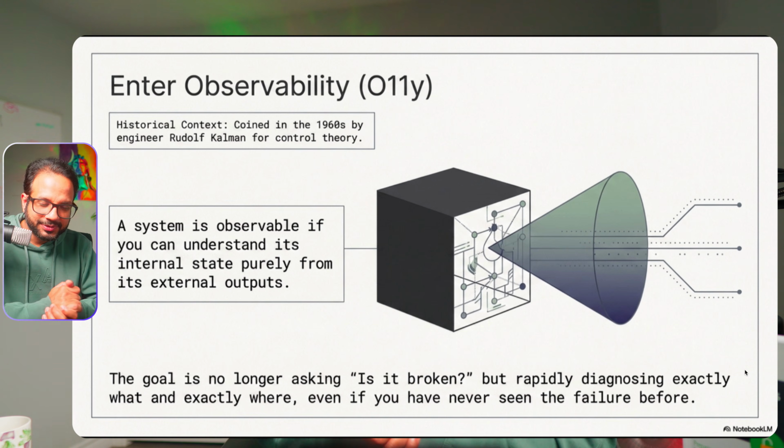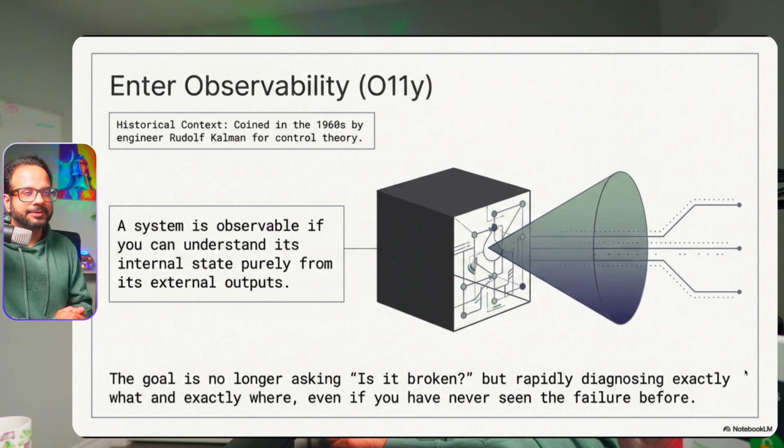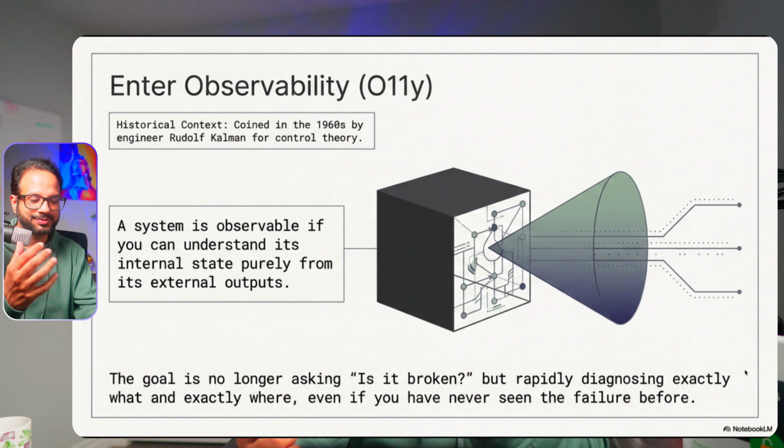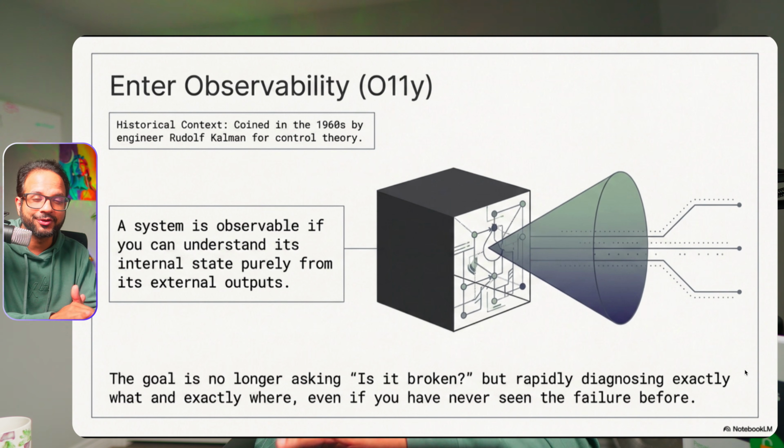This is when observability was introduced into the picture. But observability is not something that has been coined with DevOps or SRE, right? It has always been there. In fact, the term was coined first in the 1960s by an engineer, Rudolf Kalman, for control theory.